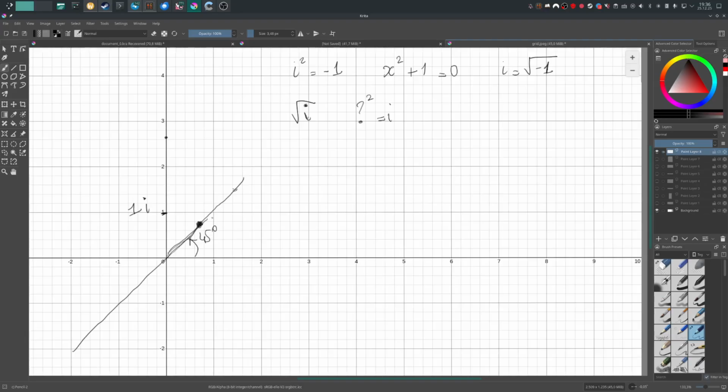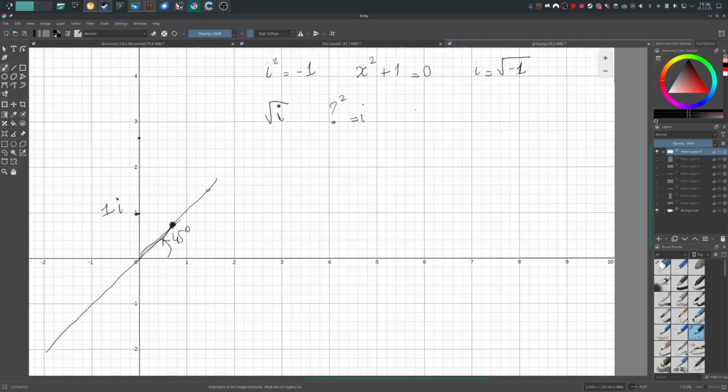And actually, I know that this is 1 over square root of 2. Because I know that the height and the width are the same, and the length is 1.